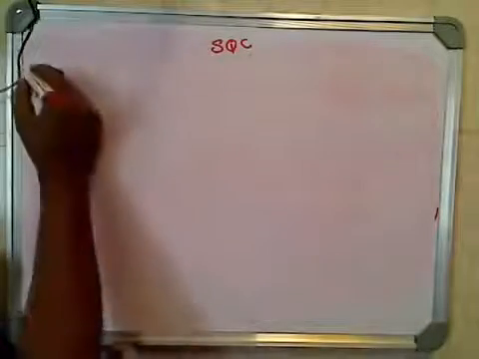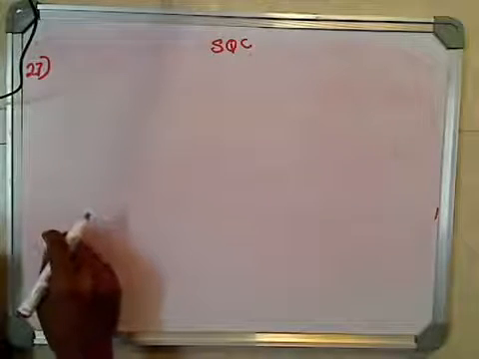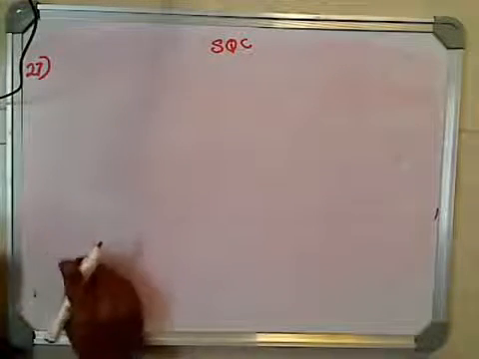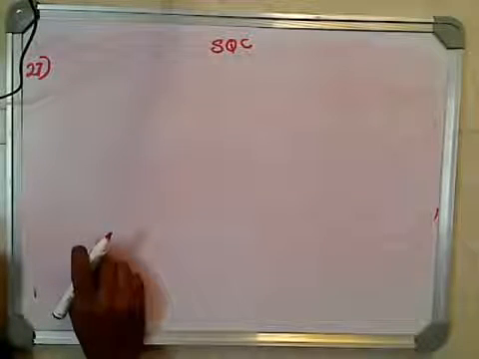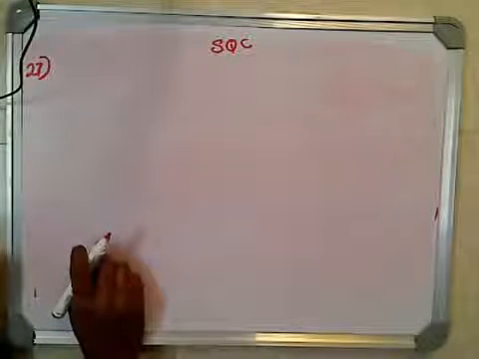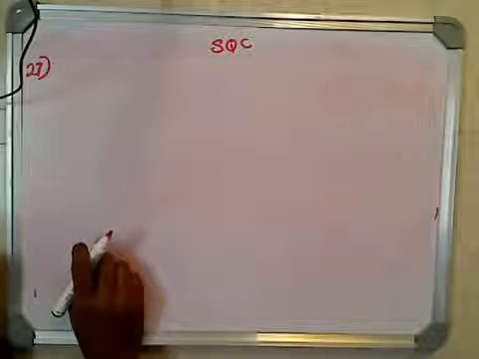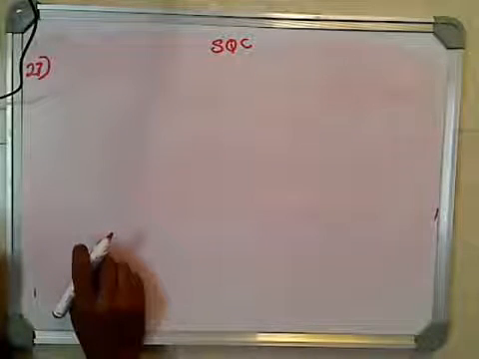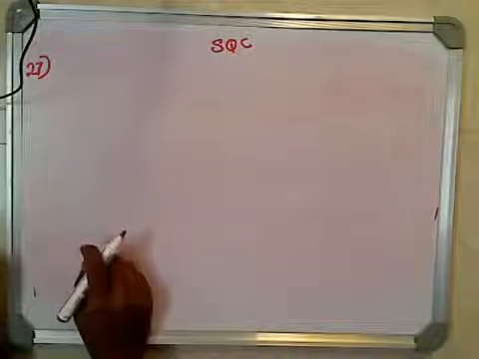Now this would be problem number 27. In problem number 27, you have a motor car manufacturing company where the chassis are being painted in a section. The number of defects on painted chassis are noted below: chassis 1, 2, 3, 4, 5, 6, 7, 8, 9, 10, and accordingly the number of defects.